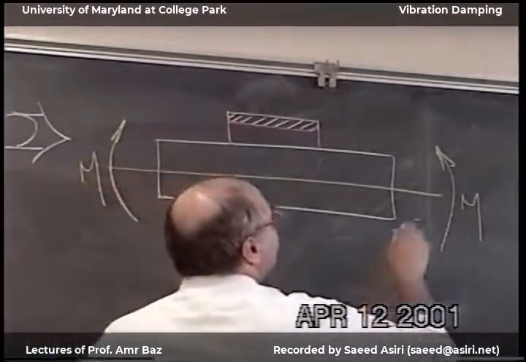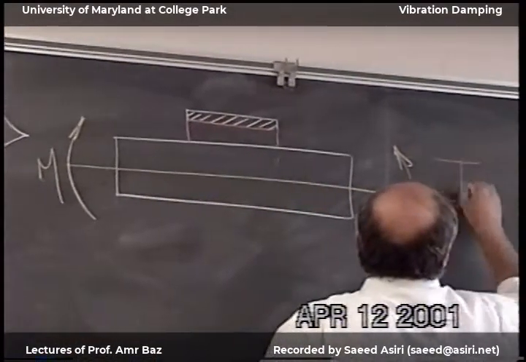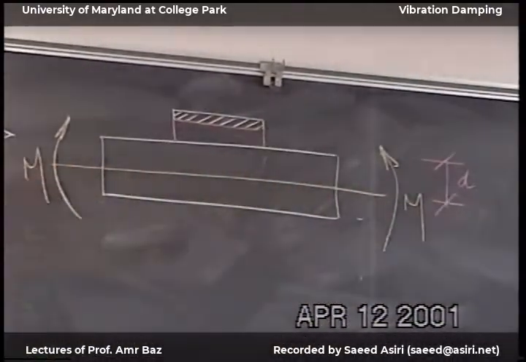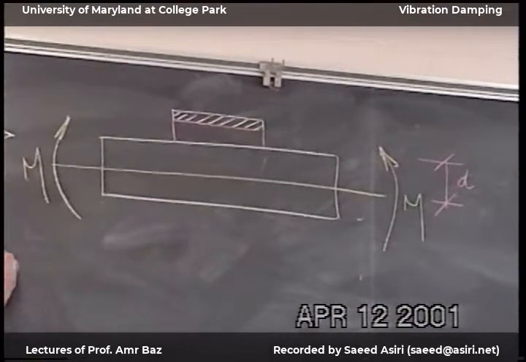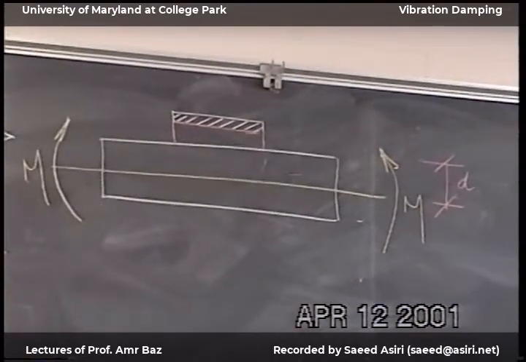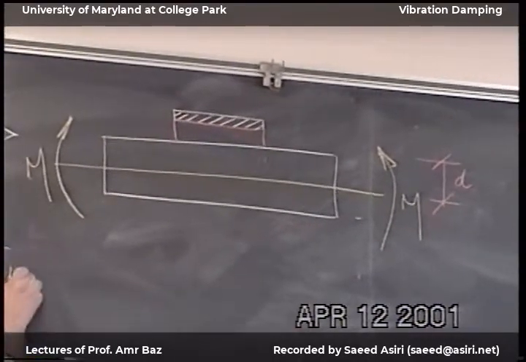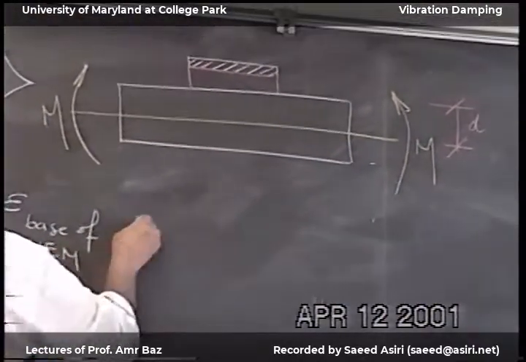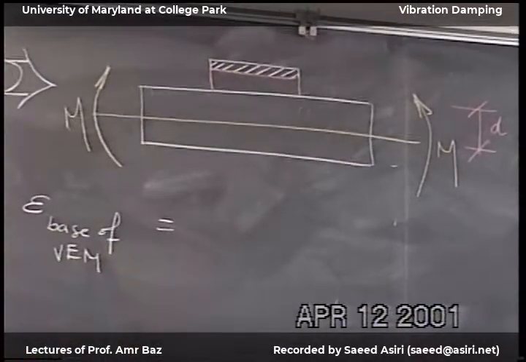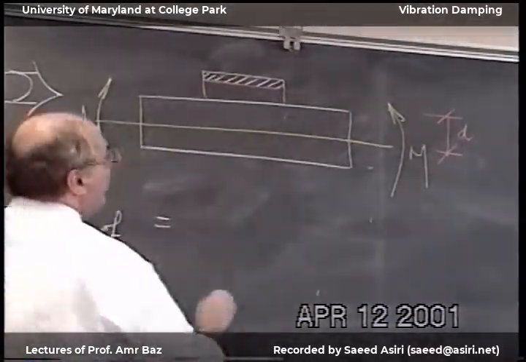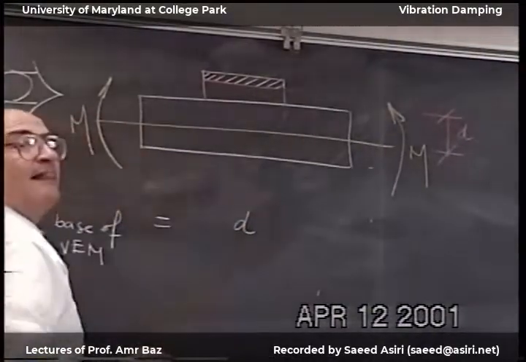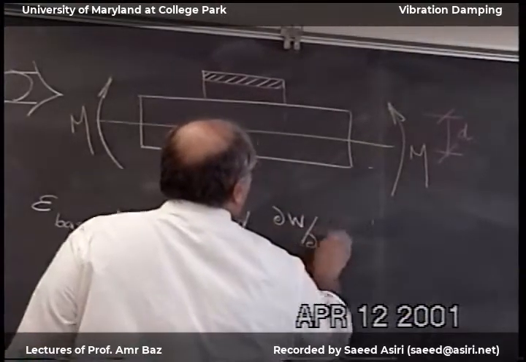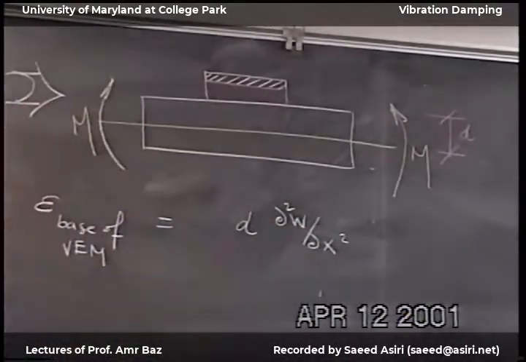Let's say that this distance is little d. And the strain at the base of the viscoelastic material, I can write it down as the distance d times the curvature, which is partial squared w over partial x squared.